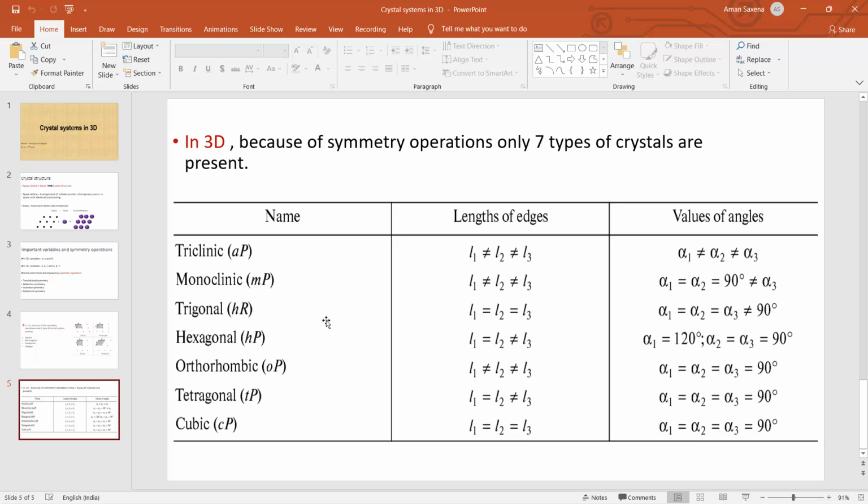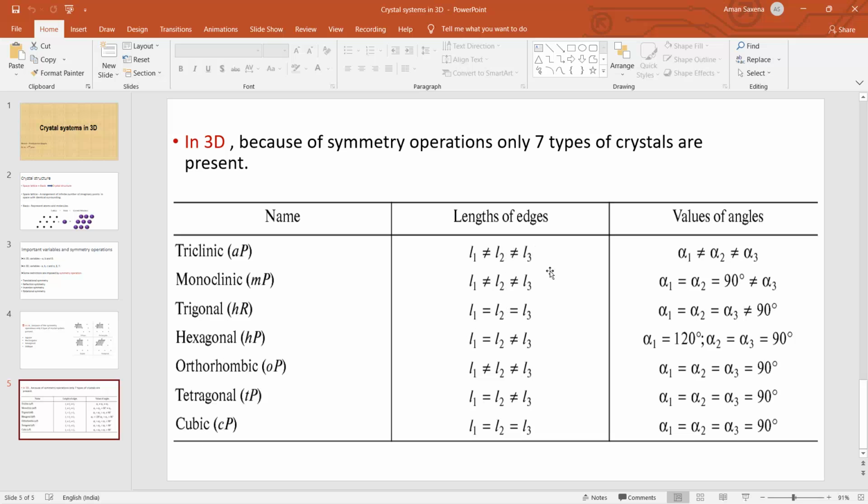And the same in 3D, because of these symmetry operations, only seven types of crystal are present. These are triclinic, monoclinic, trigonal, hexagonal, orthorhombic, tetragonal, and cubic.